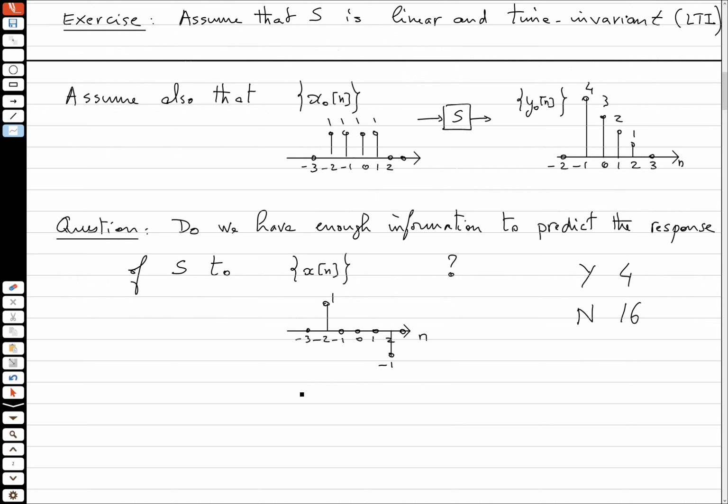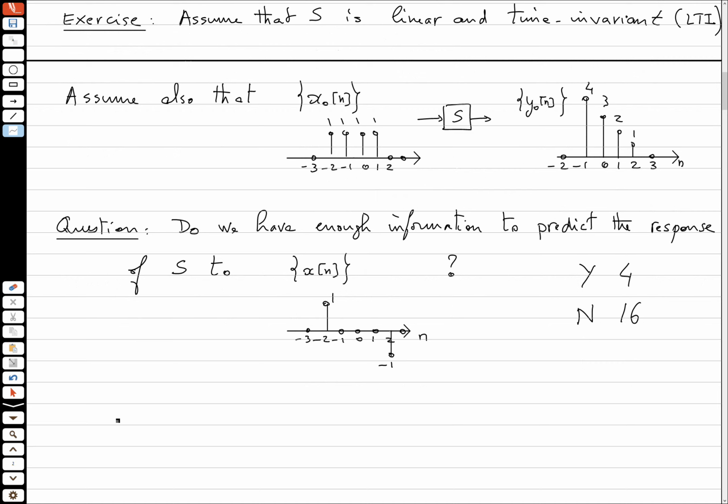Yes? Say it loud. You're talking about x of n minus 2? x naught, you mean?